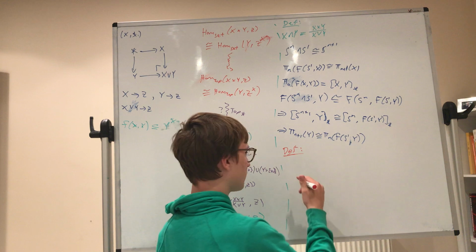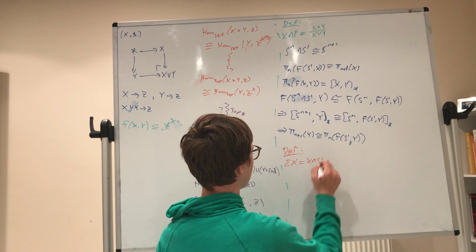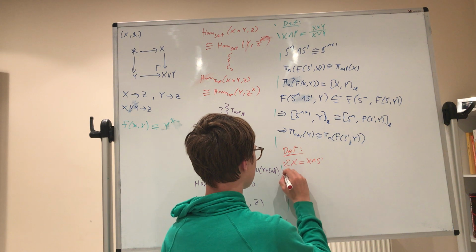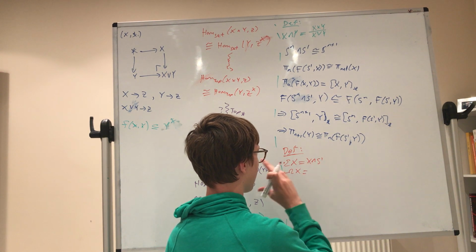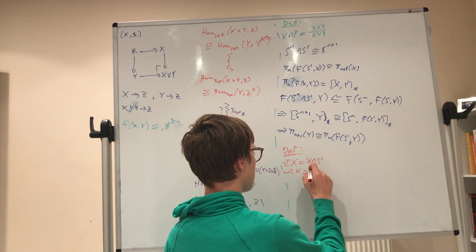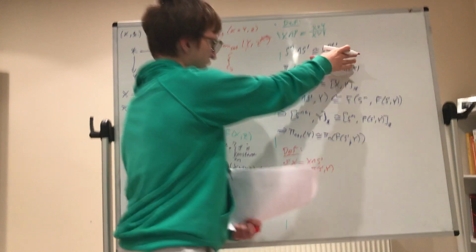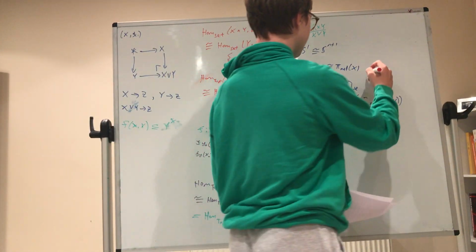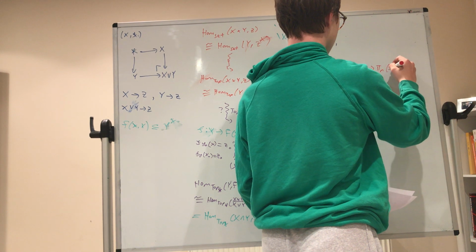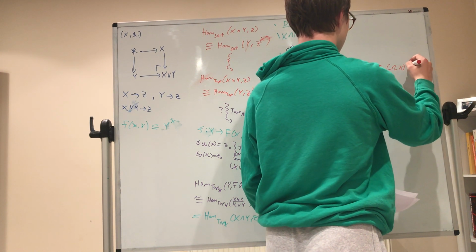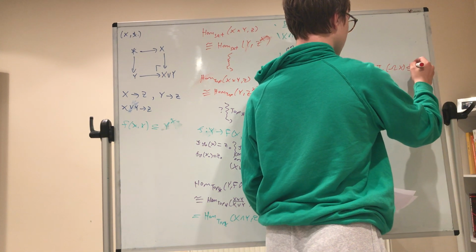We have that the suspension of x is equal to x smash S1, and the loop space of x is equal to F of S1, x. So this theorem is basically saying that pi n of the loop space of x is isomorphic to pi n+1 of x.